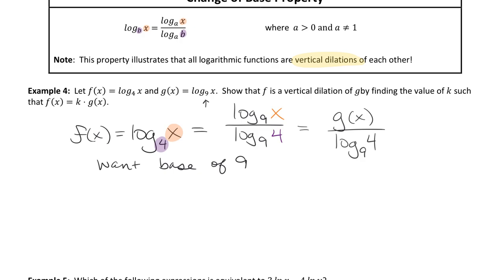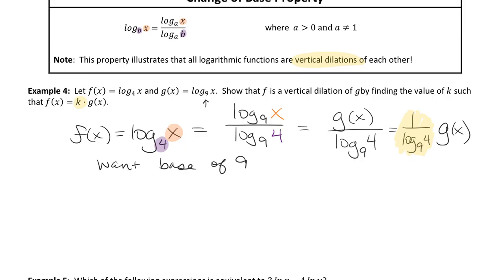Further, I could rewrite this as 1 over log base 9 of 4 times g of x. And the reason I wanted to do that is because in the question, it asks me to write an equation exactly like that: something times g of x. Here's my something multiplied by g of x.